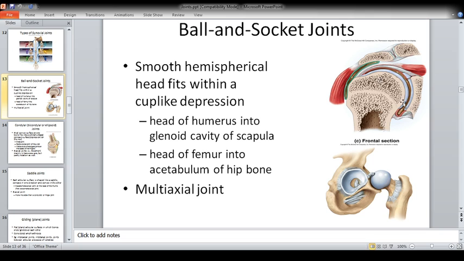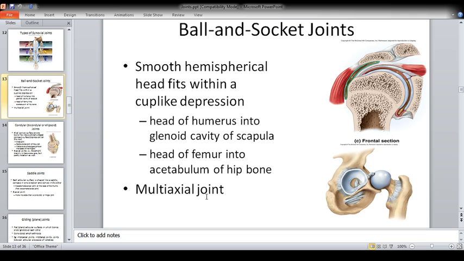So here you can see this is the head of humerus fitting into the scapula. Head of the humerus would fit into the glenoid cavity of the scapula. This is the glenoid cavity, and head of femur would fit into the acetabulum that is present in the hip bone. It is a multi-axial joint.